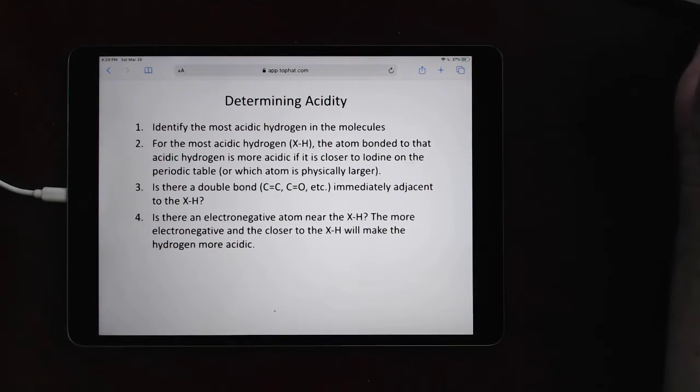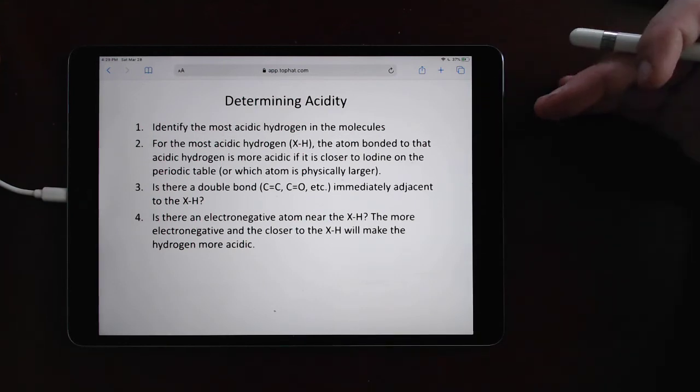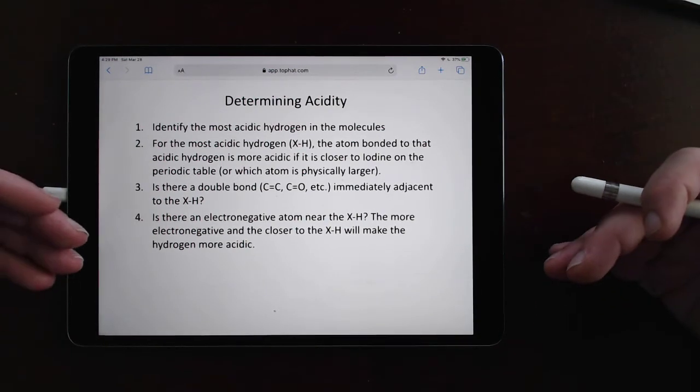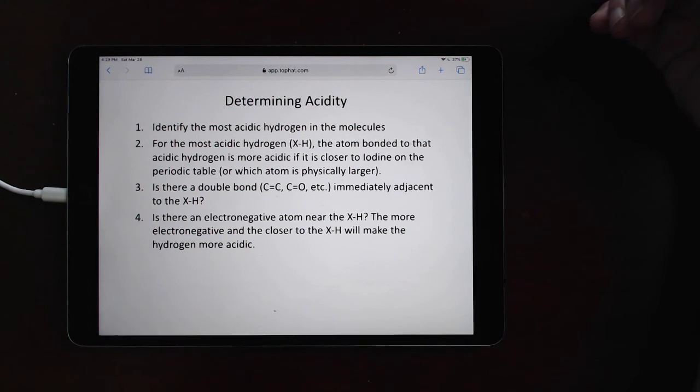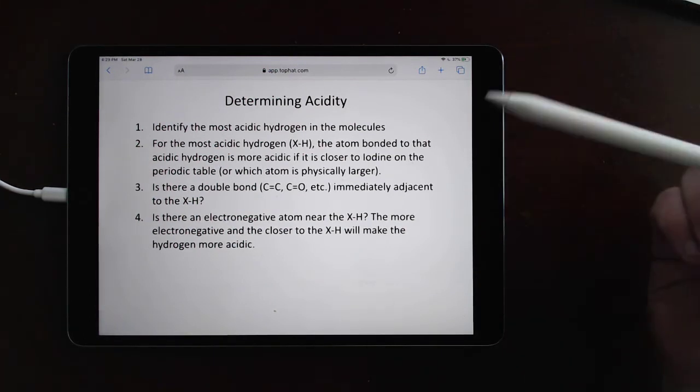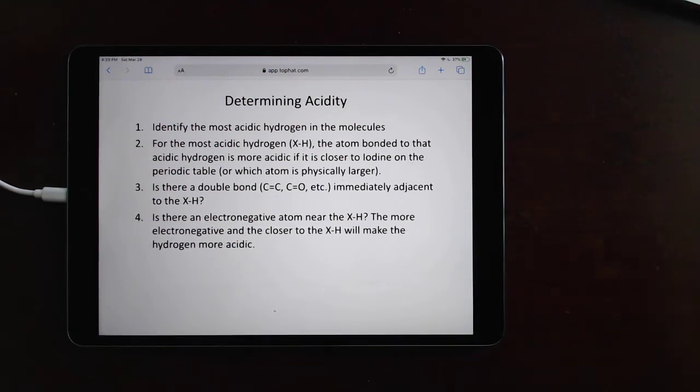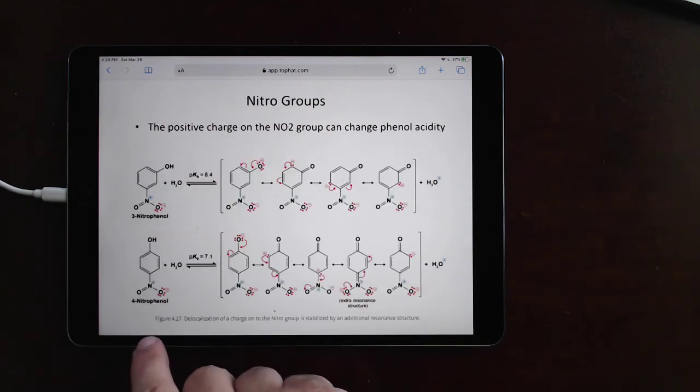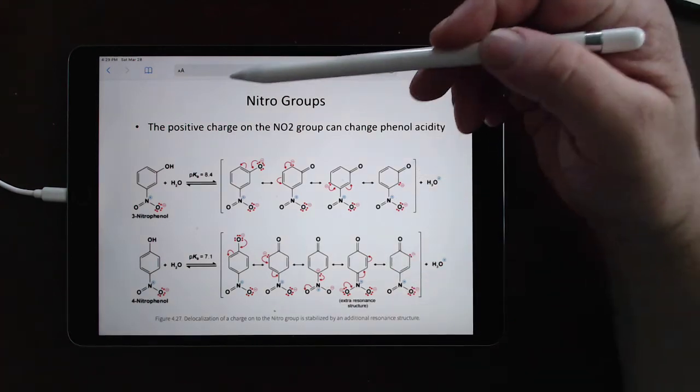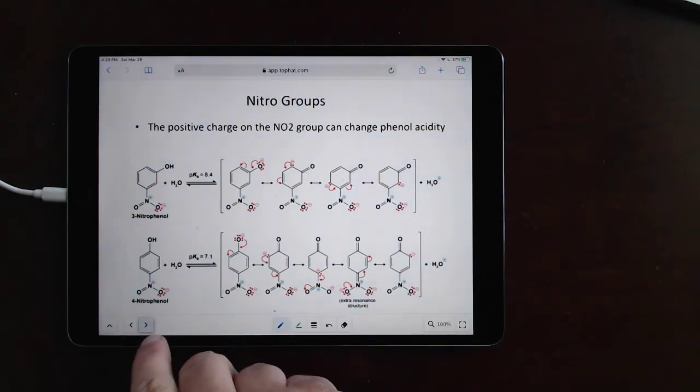If there's a tie on that one, then we go down again to see are there electronegative atoms near it. Are there oxygens, fluorines, chlorines, whatever? The more you have, the more acidic the molecule is going to be.